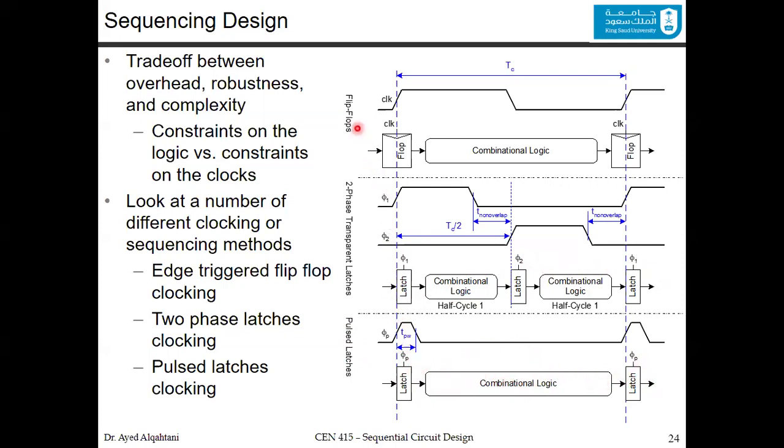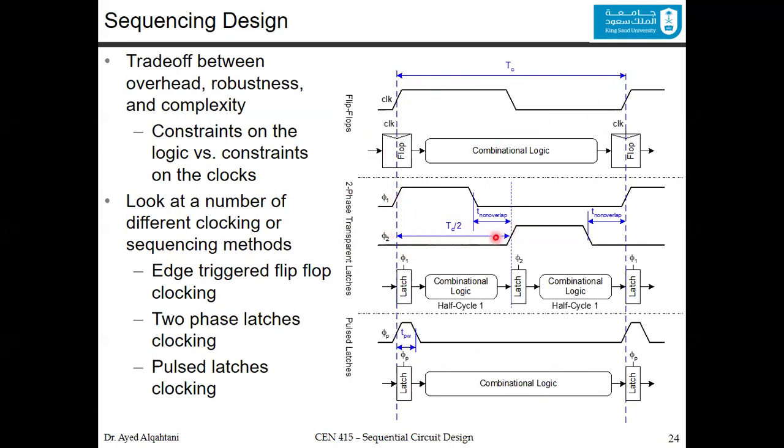So going back again to find the cycle time for each one of them. The cycle time is from the rising edge up to the next rising edge for the flip-flop. For the two-phase clocking, it's from the rising of phi 1 until the next rising of phi 1. However, you have half the cycle from the rising of phi 1 until the rising of phi 2.